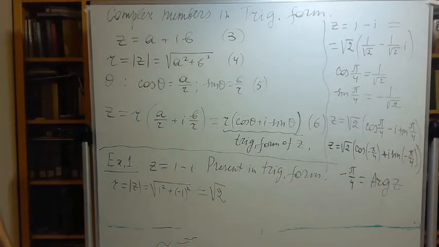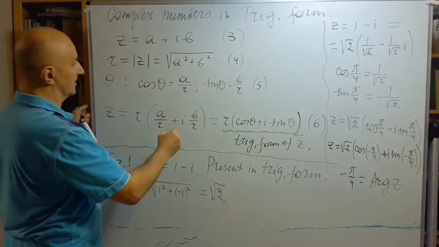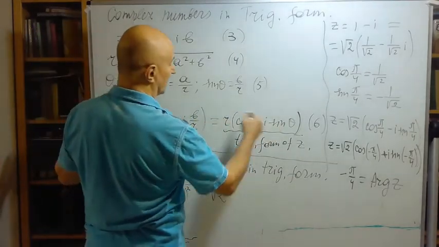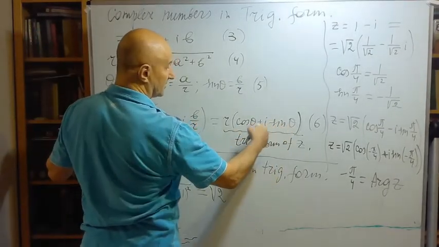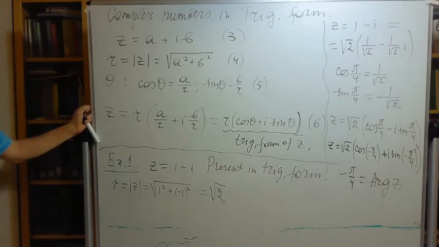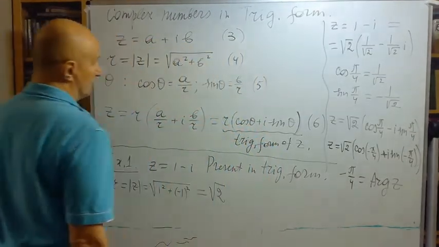It's located between 0 and negative pi. Yes? So this is the principal value of the argument. And the trig form must look like this: r cos theta plus i sine theta. It's a different matter that sine of negative theta is negative sine theta because of the properties of sine. But if you want to know the principal argument of z, it is negative pi over 4.